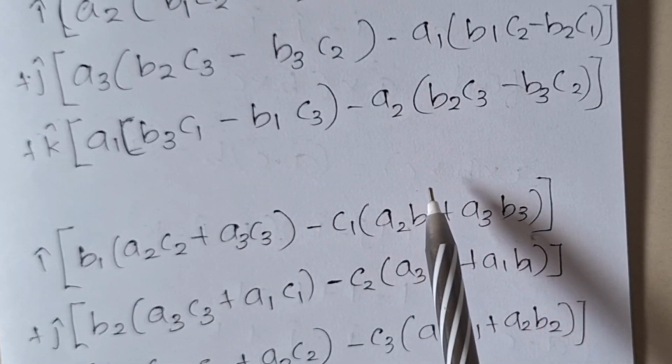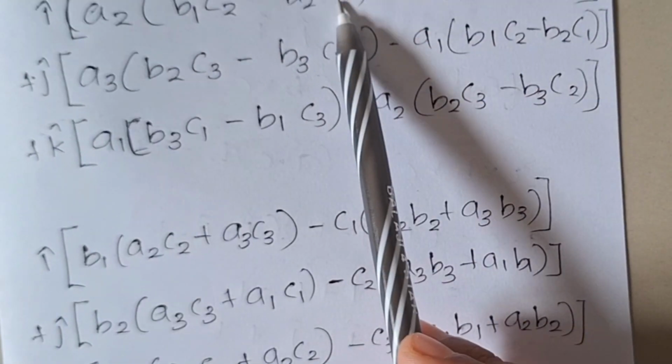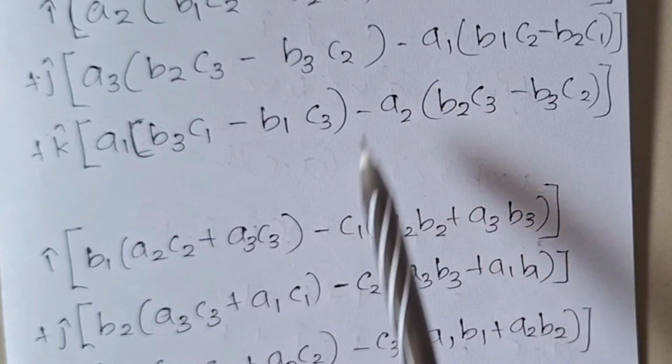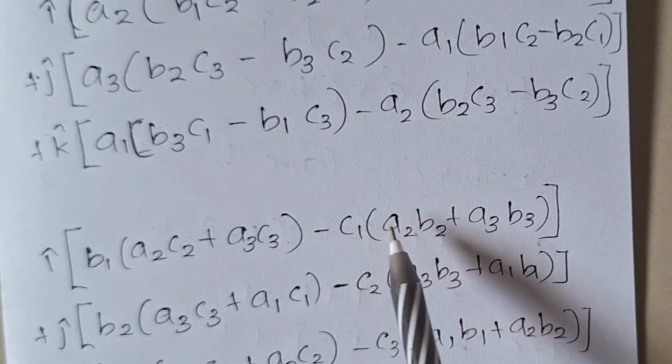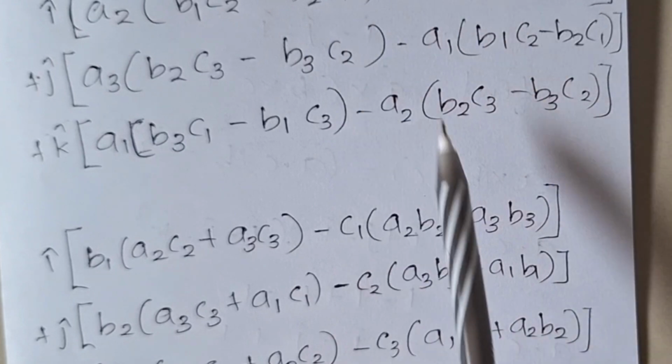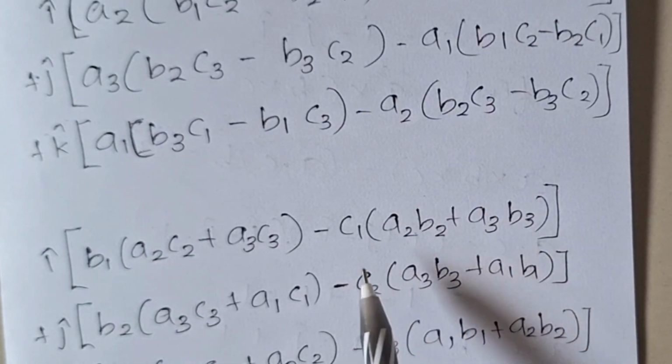Similarly, we can take C1 common from the negative terms here and here. So, C1 into (A2 B2 plus A3 B3).